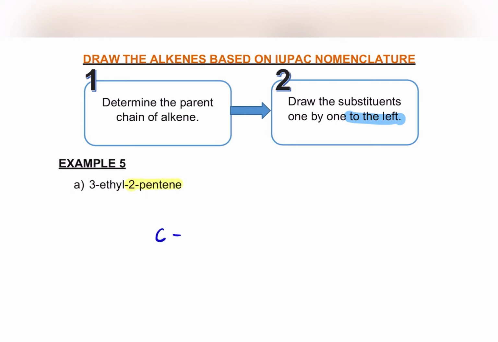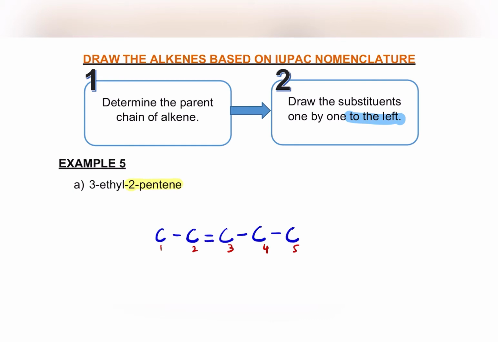I got 5 carbon, 2, 3, 4, and then 5. And after that, I give the numbering 1, 2, 3, 4, and 5. Please give the numbering. And next, at carbon number 2, I got double bond. So it will share between carbon number 2 and number 3. So that will be the structure for the parent.